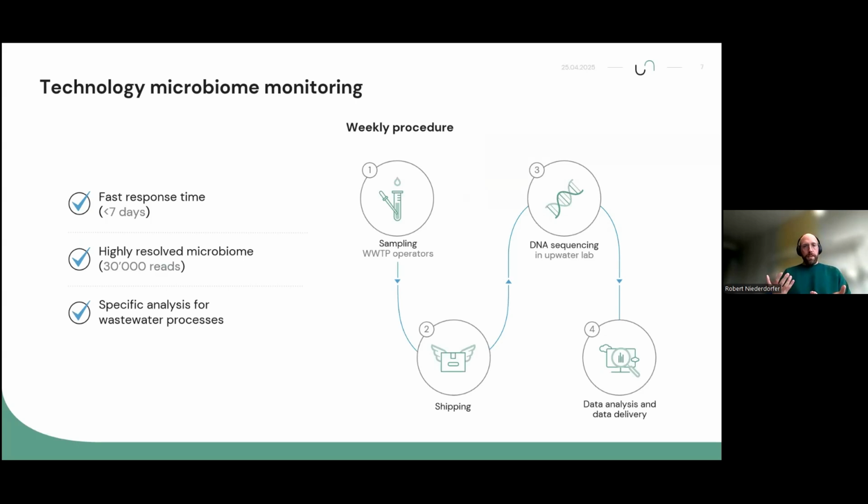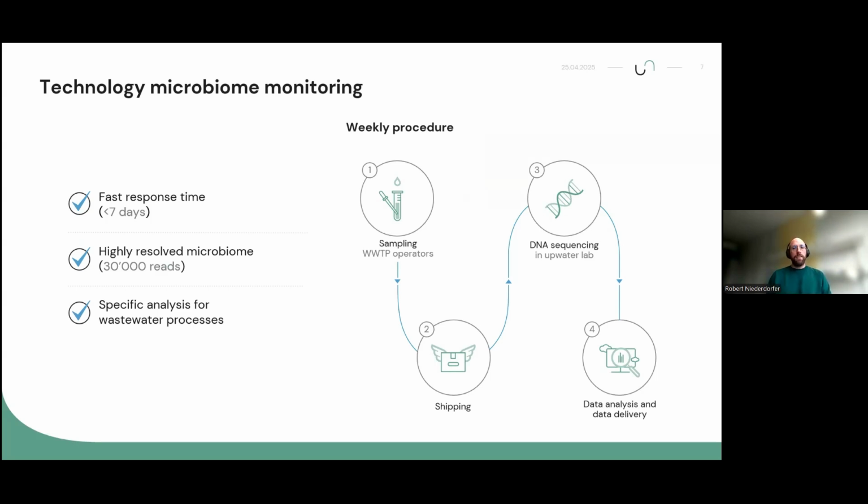The way it works is the wastewater treatment plants send us samples on a weekly basis, on a monthly basis, or just randomly during the year. They send it to our lab. We analyze the DNA, which means we sequence the complete microbiome within this sample. So we have knowledge about every single bacterium that is in this sludge at this certain moment of sampling.